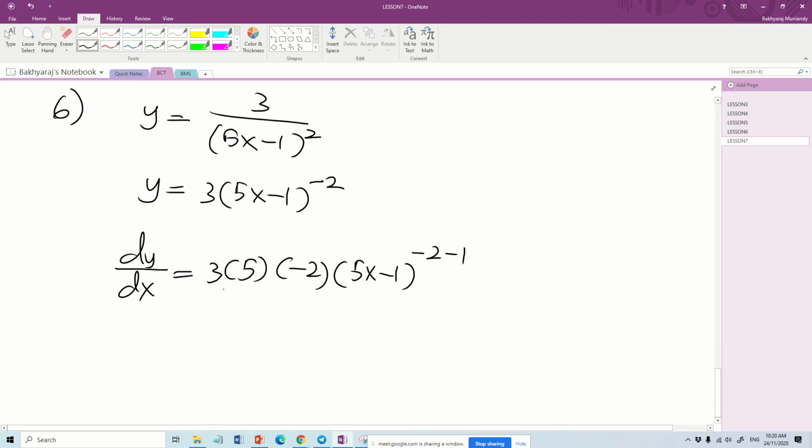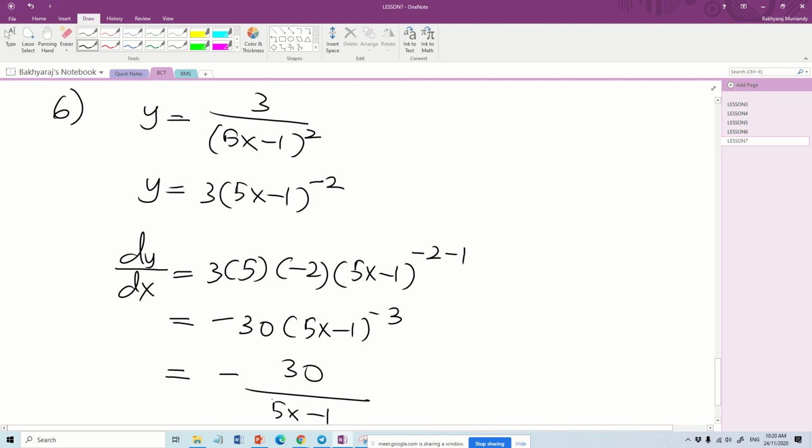Okay, and my last answer will be, okay, 15 times negative 2, so ini dia pilih negative 30, 5x minus 1 power of negative 3, and I change it to positive power, so negative 30 divided by 5x minus 1 power of 3.